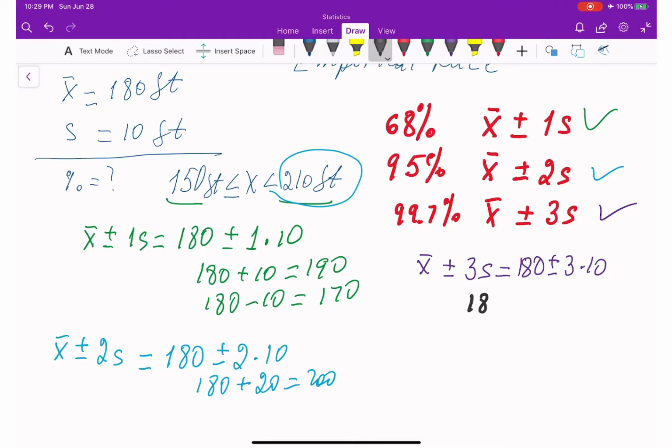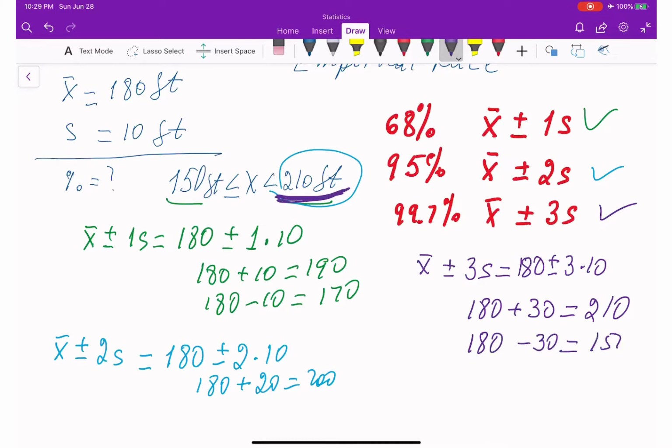Oops, sorry. 180 plus 3 times 10 is 30, which will be 210. Looks like we hit the upper limit, 210. And now 180 minus 30 is equal to 150.